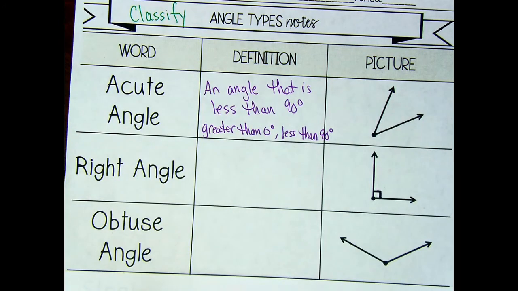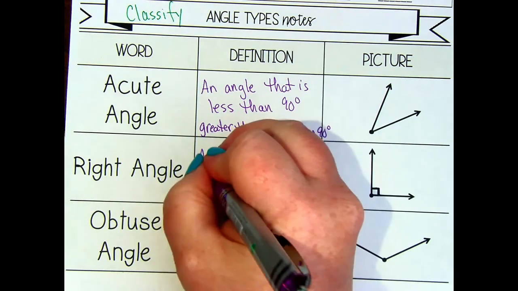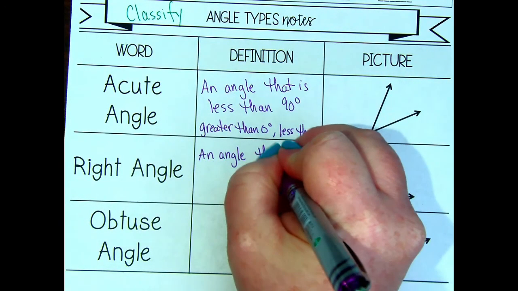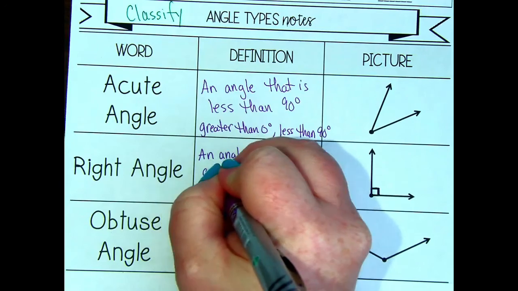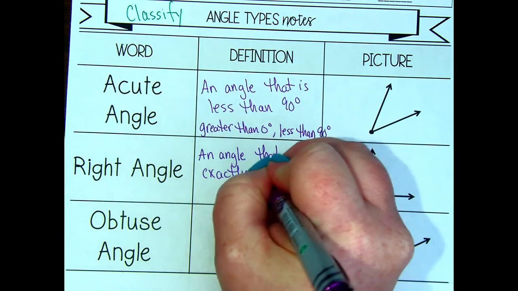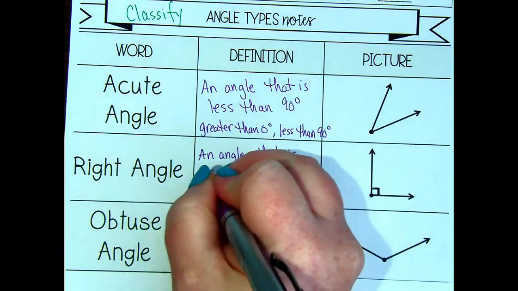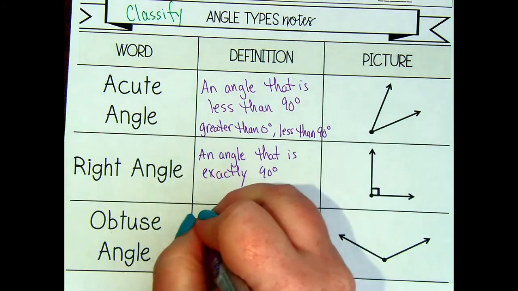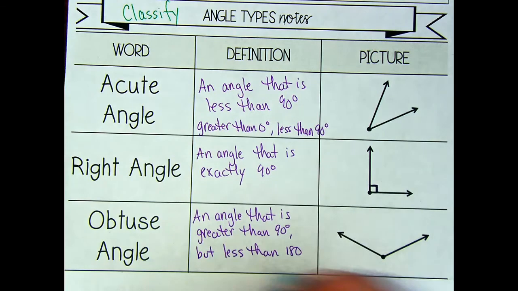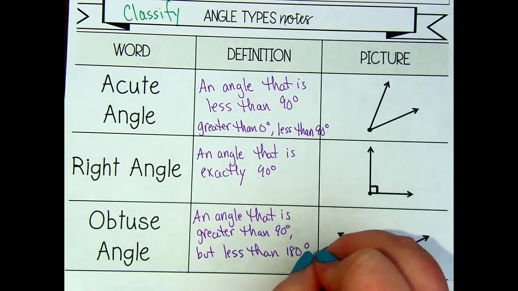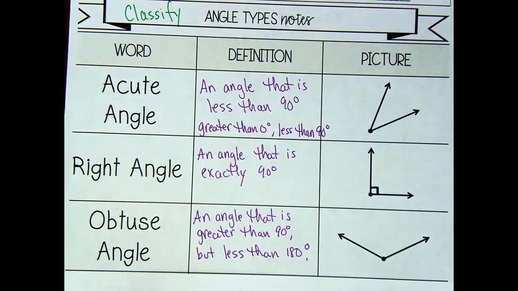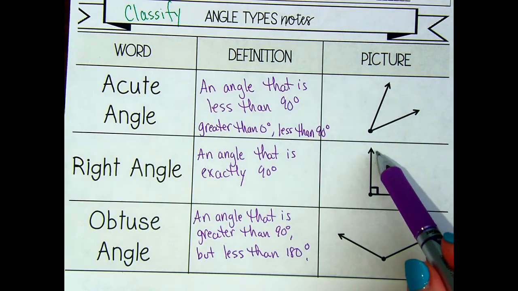And a right angle is an angle that is exactly 90 degrees. An obtuse angle is an angle that is greater than 90 but less than 180 degrees. And you can see if it's open wider, it's obtuse. If it's smaller, it's acute. If it's a corner, then it's always right.